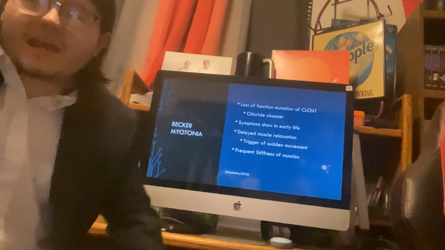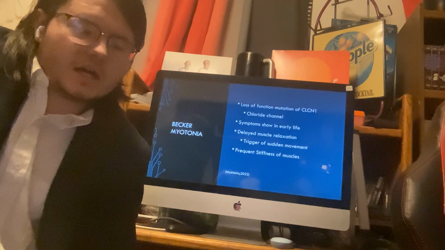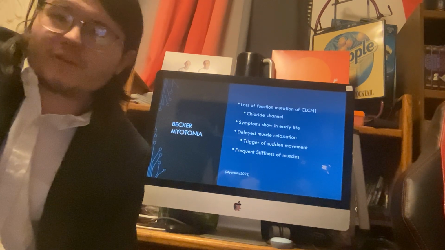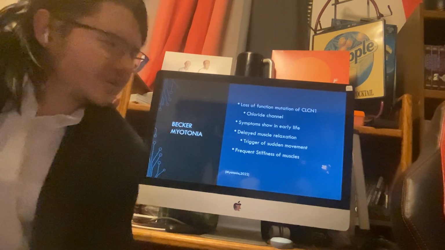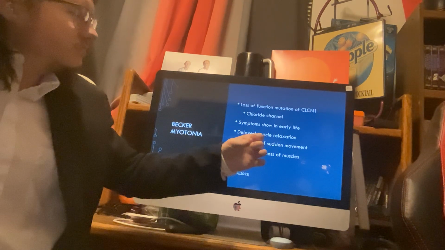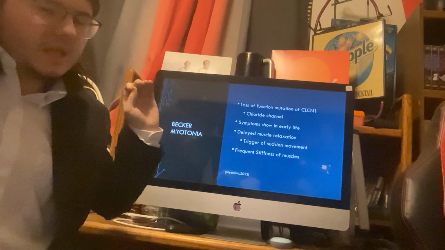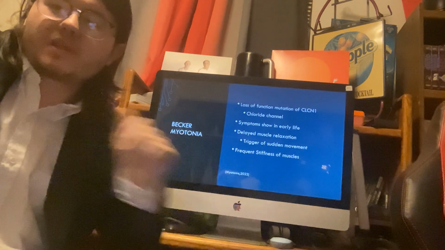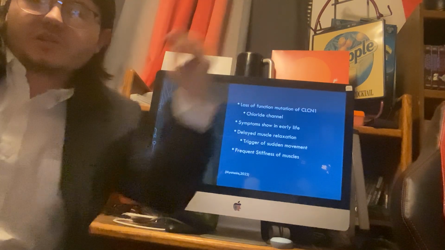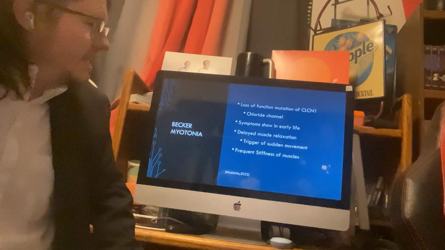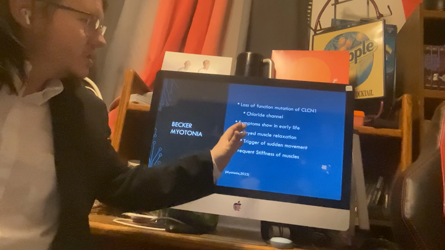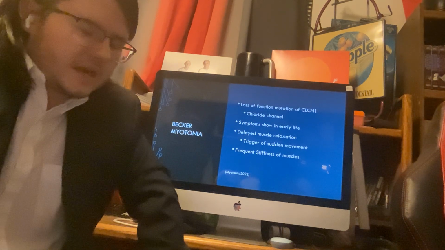I wanted to pick two that had different channels, one cation, one anion channels, to see what it does. So the other one, you had a hard time with moving, with getting stuff done, having action potential hit. And this one is a bit different. So the symptoms show up in early life.